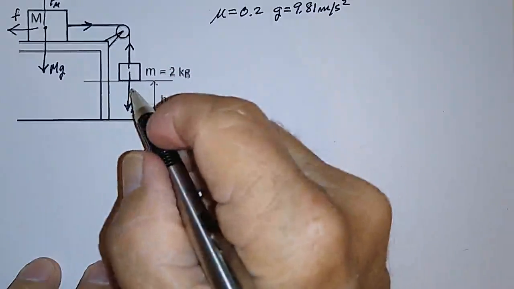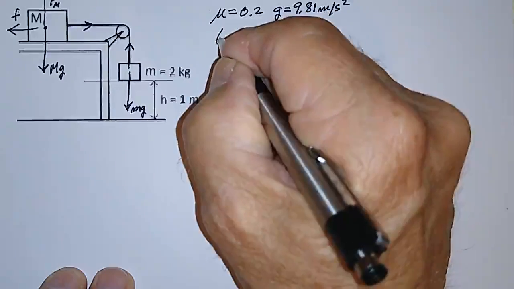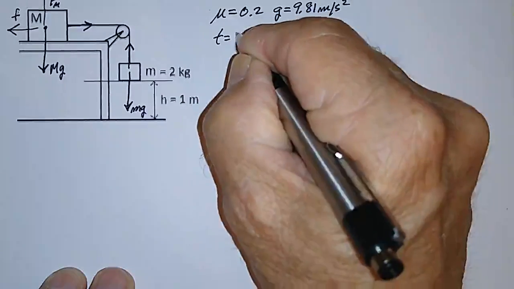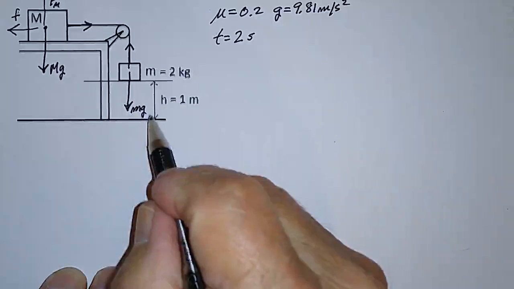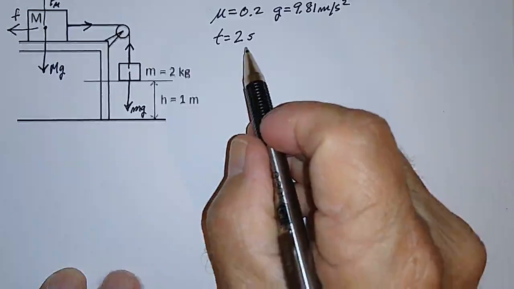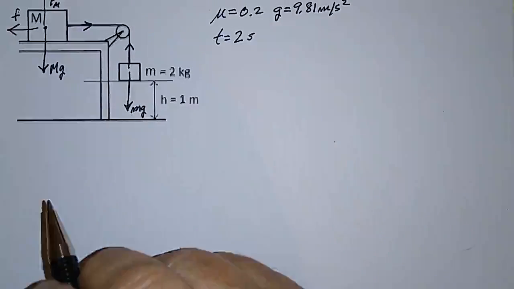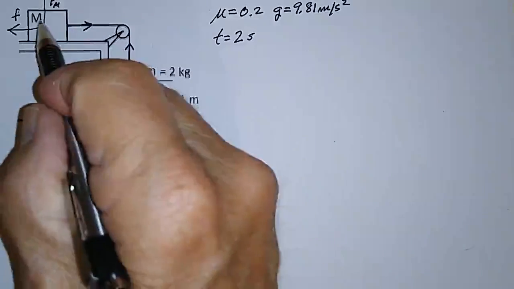So when I let this go, it falls, and it takes a time of 2 seconds to cover this distance h of 1 meter. So from that we can figure out what the acceleration is, and we'll leave that for a moment. Let's set up the equation that it's going to take to find out what M is.